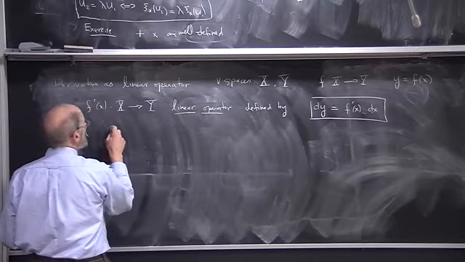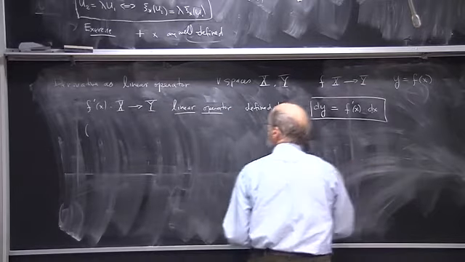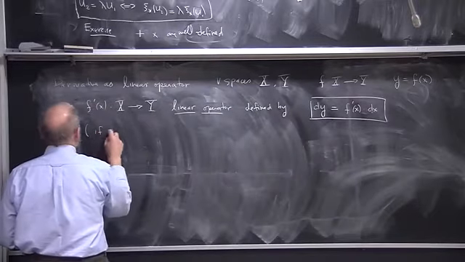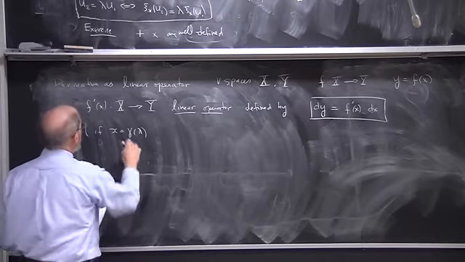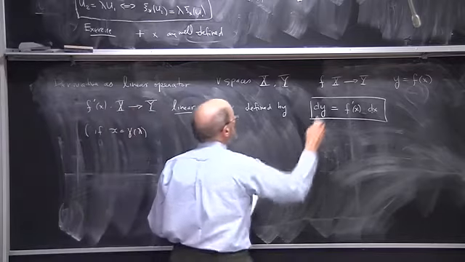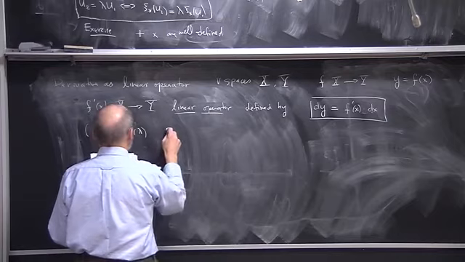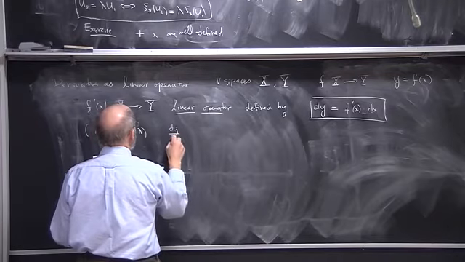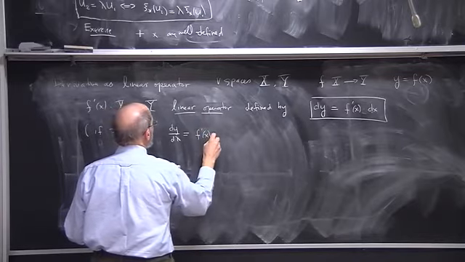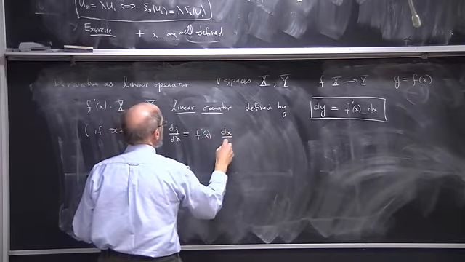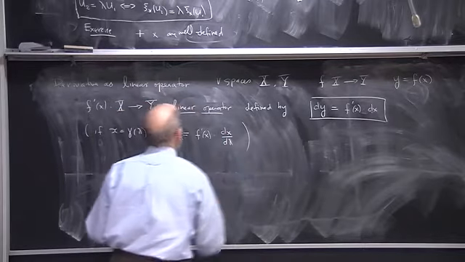We could introduce a curve x equals gamma of lambda, where gamma is a curve in the vector space X. Then dividing dy by lambda, we get dy by dx is equal to f prime of x acting on dx by dy.